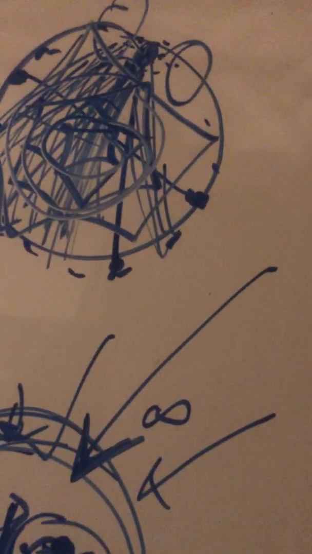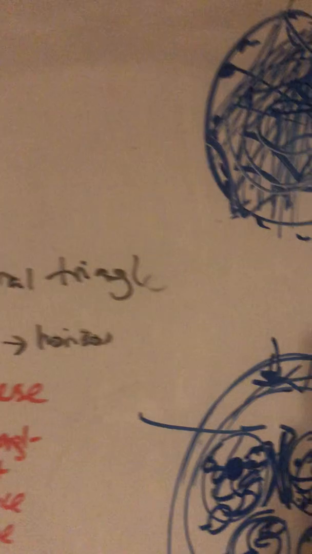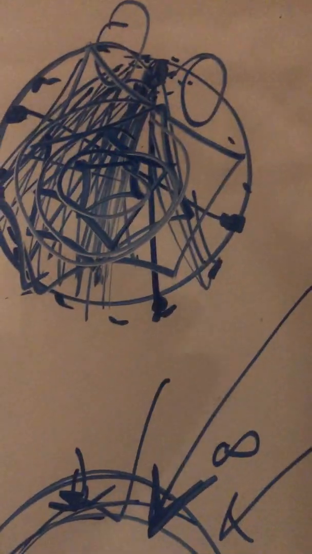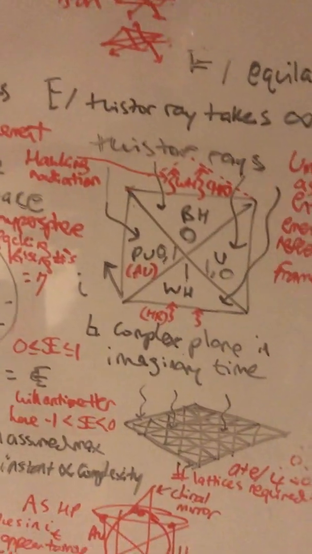And so you can think of this system that's incredibly complex, once it's at a really small scale, appears just like a point making up Planck space.